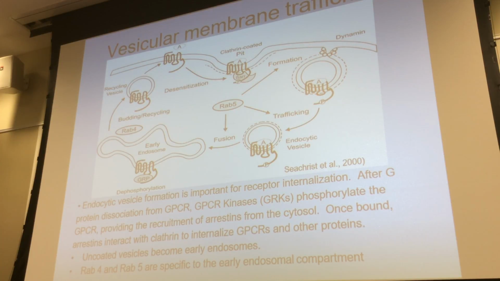Now if it goes anyplace else, it needs another Rab. So the Rab5 has to leave and bud off so it can go back to do other trafficking of other vesicles, and you get a Rab4 binding here, which can make it now bud off into a recycling vesicle that can then take the protein back to the plasma membrane.